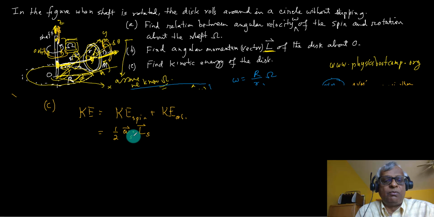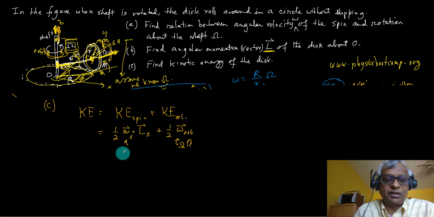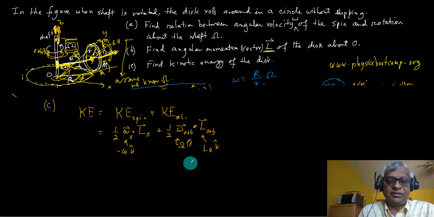So this is for the spin part, the spin angular momentum and its dot product, and then half omega of the orbital. Thinking with the vector, this is actually omega k hat. So this one is that, and this one is, from the last problem, little omega minus u hat, dotted into L of the orbital motion. So this one is simply L_z k hat.